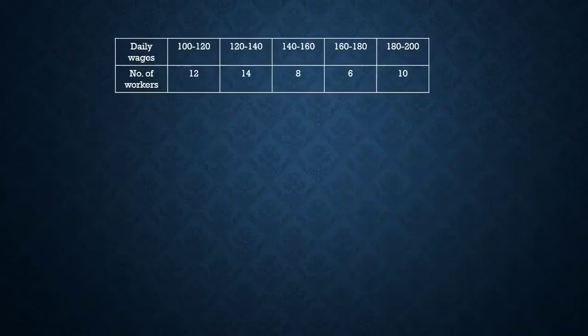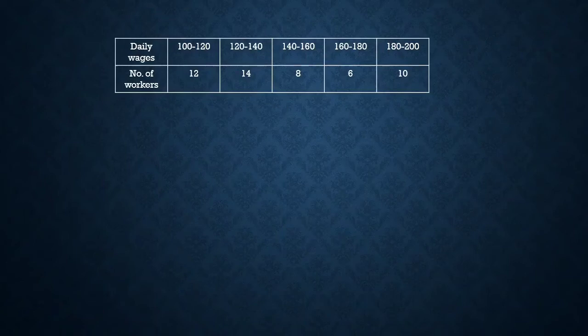Now moving ahead, in the second question, consider the following distribution of daily wages of 50 workers of a factory. Find the mean daily wages of the workers of the factory using appropriate method. We have no choice because we are going to work this only using our direct method to calculate the mean.